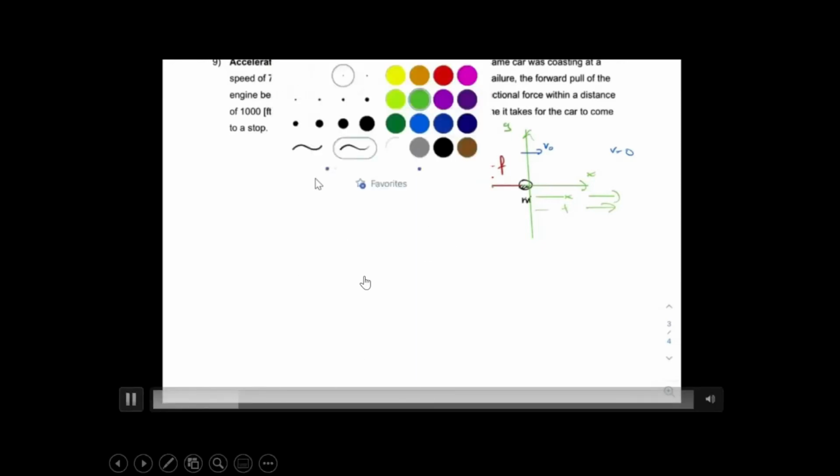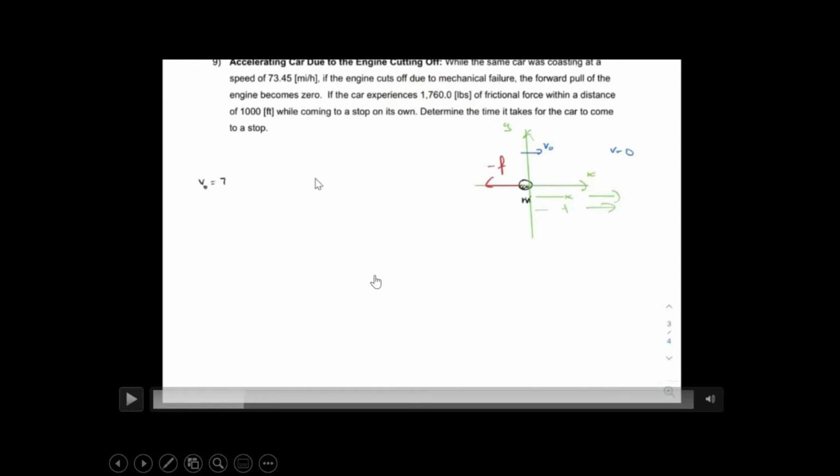Make sure everything is clearly denoted. Don't have a secret handshake here. You make one gesture, I go, wow, this guy knows what's going on, and he gets credit. No, just pretend that the person who's doing the grading has no idea what you're doing. Absolutely no idea. Convince me that what you're doing is correct. Welcome to life. That's what I do whenever I'm teaching you guys. I just explain the hell out of everything.